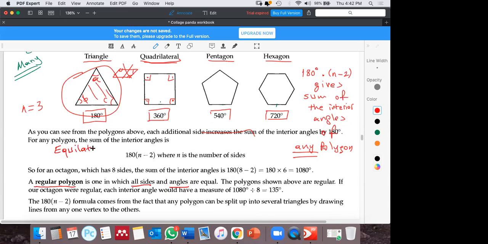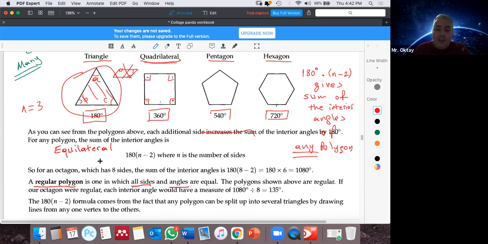All the sides are equal, and all the interior angles are 60, 60, 60. For the quadrilateral, the regular polygon is a square. Why? Regular means all the sides are equal and all the interior angles are equal.